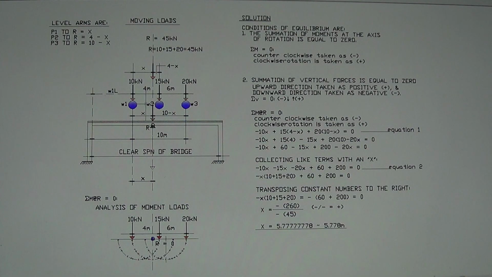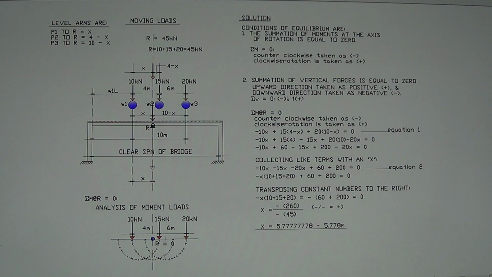So the first load we're going to calculate is the lever arm for P1, the first wheel, which is X. Because we're taking moment here, we need the lever arm from the load to the point R. The lever arm for 10 kilonewton is X, and next is the lever arm for the 15 kilonewton right here.